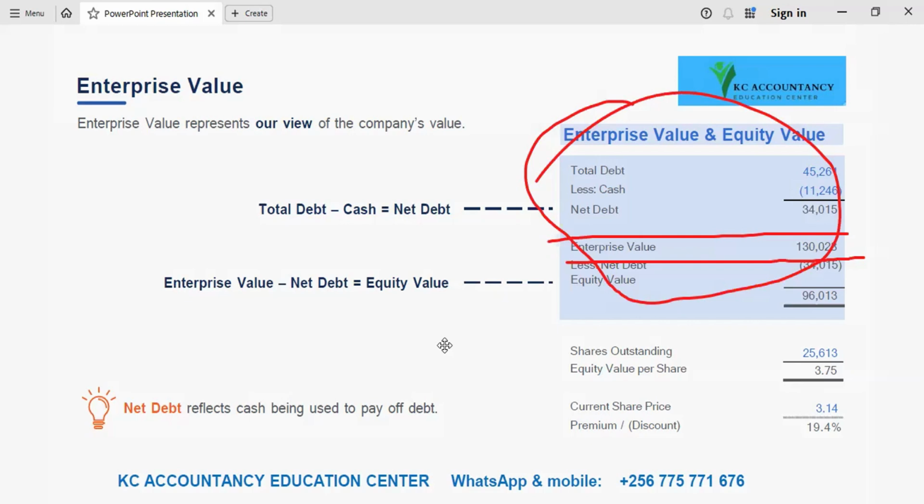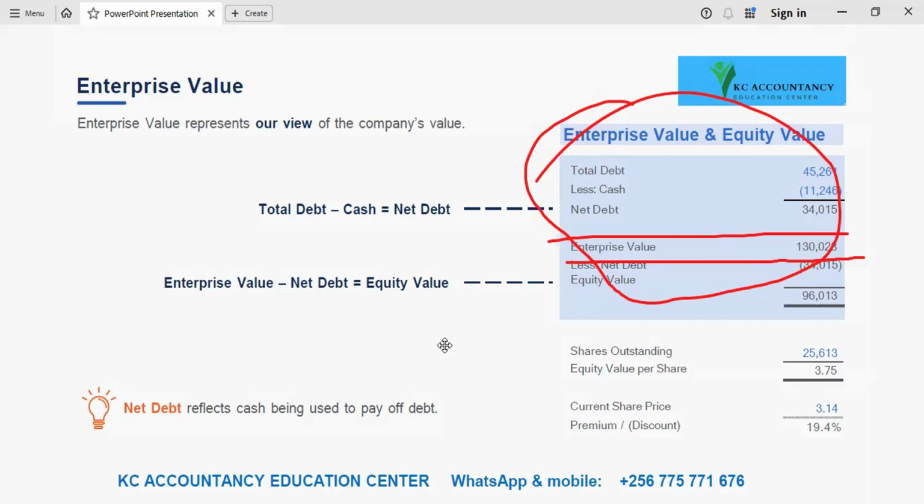Now, although the enterprise value is going to be a key metric that we look at, and it is easy to use it to compare against other companies, it also might be interesting for us to calculate the equity value.